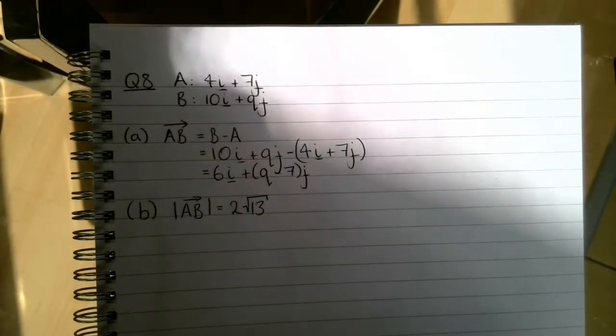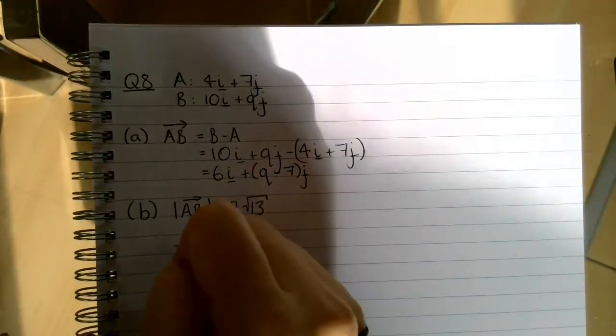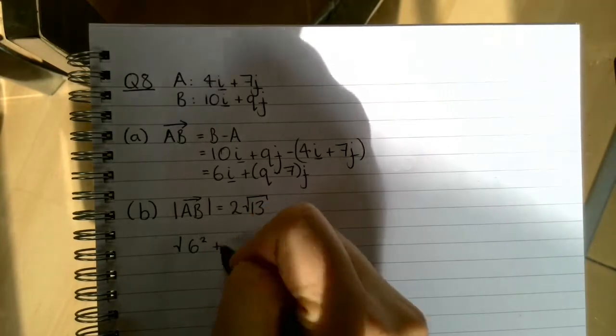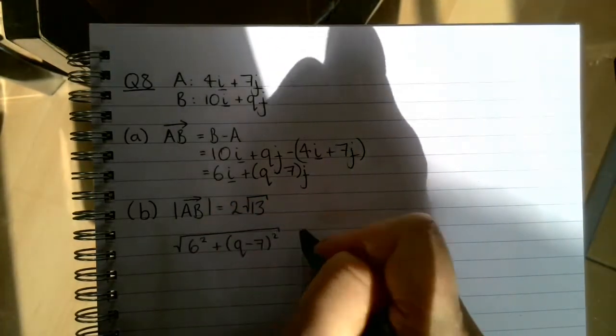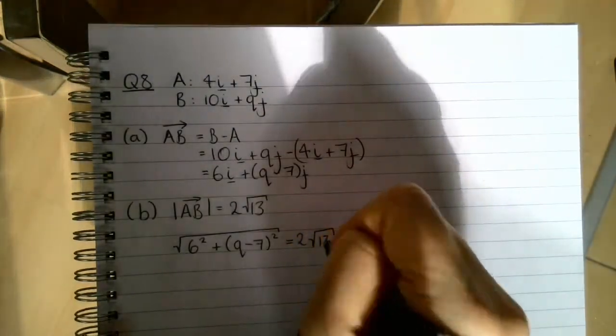So the modulus of AB is equal to 2 root 13, so that means the square root of 6 squared plus (q minus 7) squared is equal to 2 root 13.